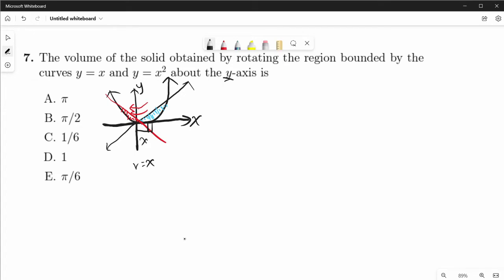And the height of that cylindrical shell, right, is the top line minus the bottom line, which would be the line minus the parabola. So let's just plug that all in. So we have, oh, we need to find the bounds too. So just putting them together and solving them, right? So we have x equal to 0, 1.